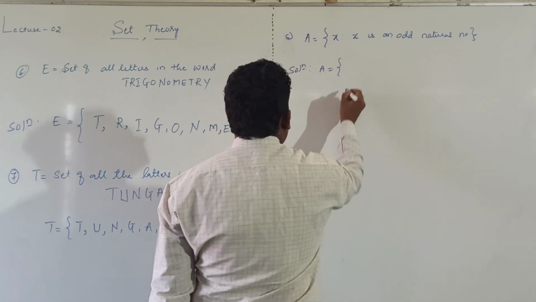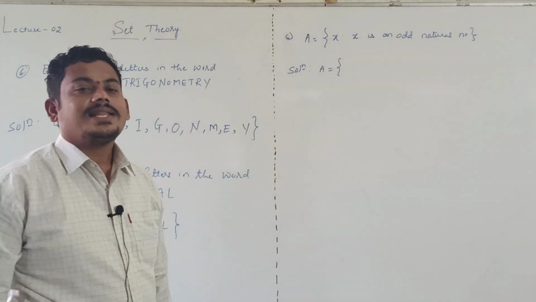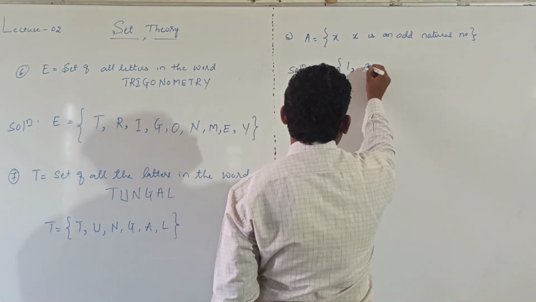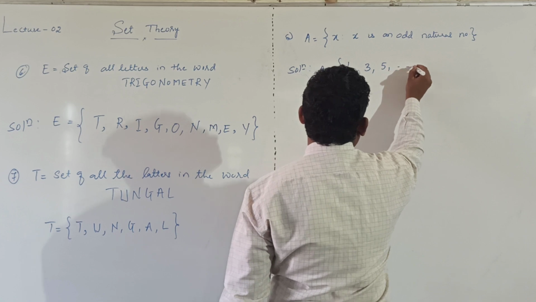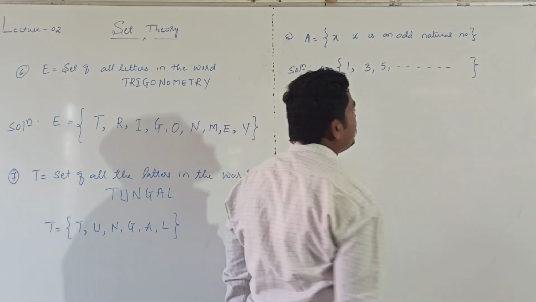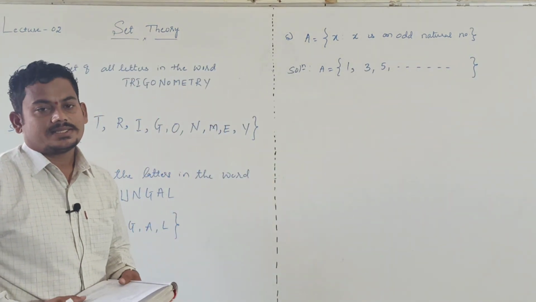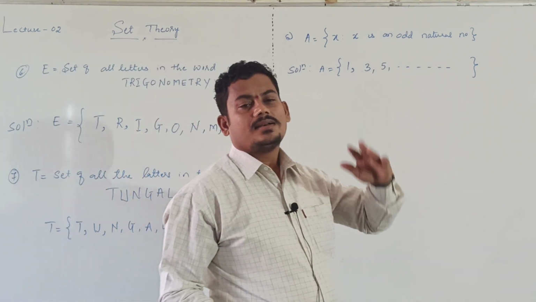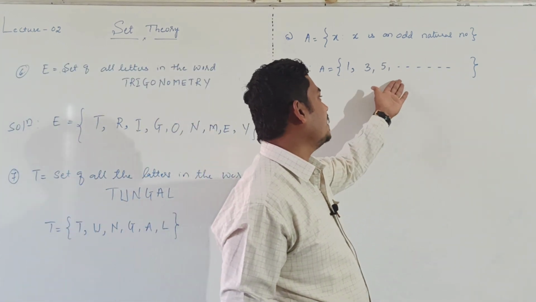Set A equal to, write all the odd natural numbers: 1, 3, 5 and so on. Because there exist infinitely many odd natural numbers, write and so on, dot dot.